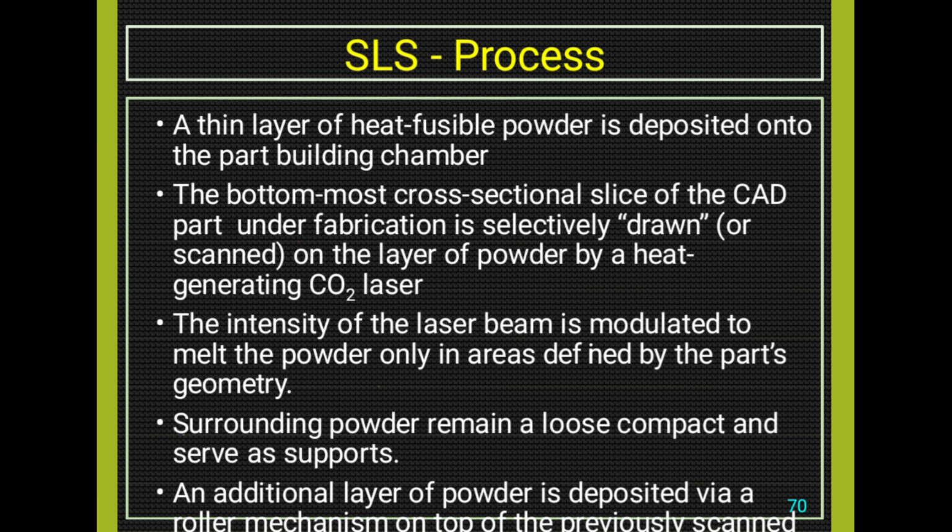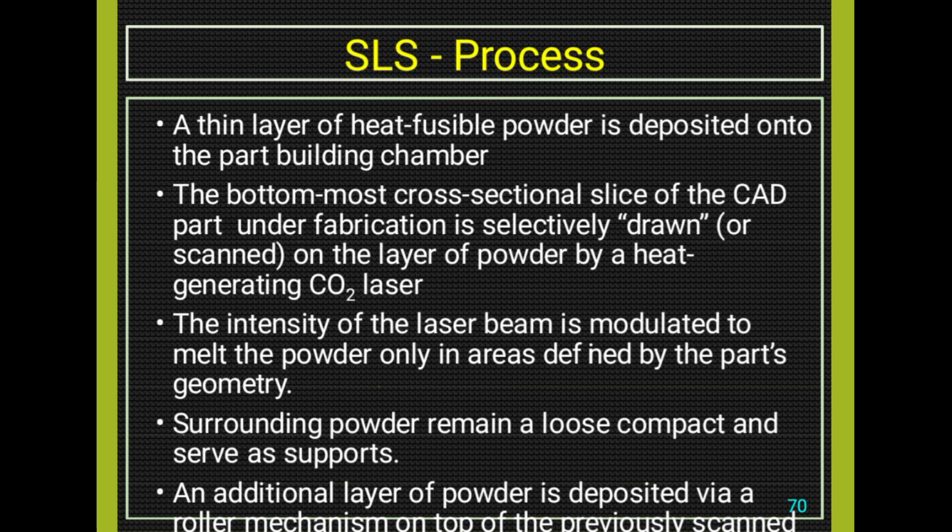So the process is a thin layer of heat fusible powder is deposited onto the part building chamber. The bottommost cross-sectional slice of the CAD part under fabrication is selectively drawn on the layer of powder by a heat generating CO2 laser.